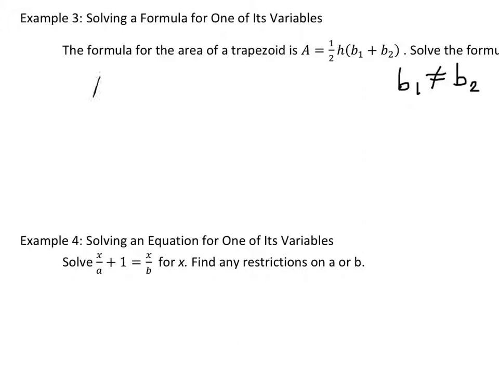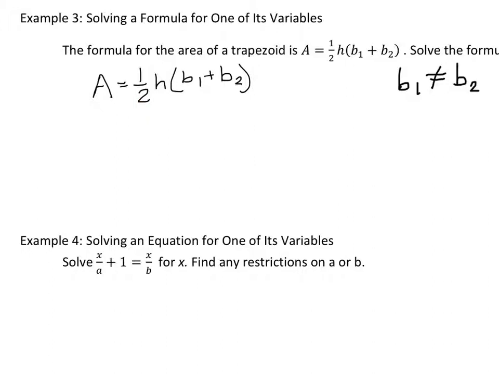Now, let's solve for h. So we have A equals 1/2 times h times (b1 plus b2). We kind of have two things that are attached to h that we need to move. We need to move the 1/2 and we need to move this parenthesis thing. Which one y'all want to do first? 1/2. Which is divided by 2 or something, like reciprocal. Kind of. Well, since it's a fraction, really we've got 1 divided by 2.